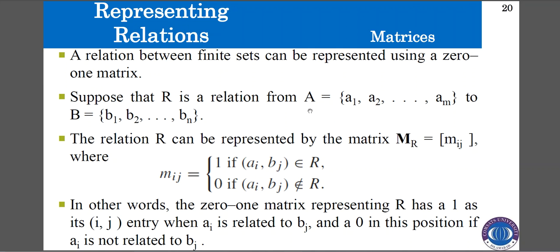Suppose R is a relation from set A = {A1, A2, ..., Am} to set B = {B1, B2, ..., Bn}.